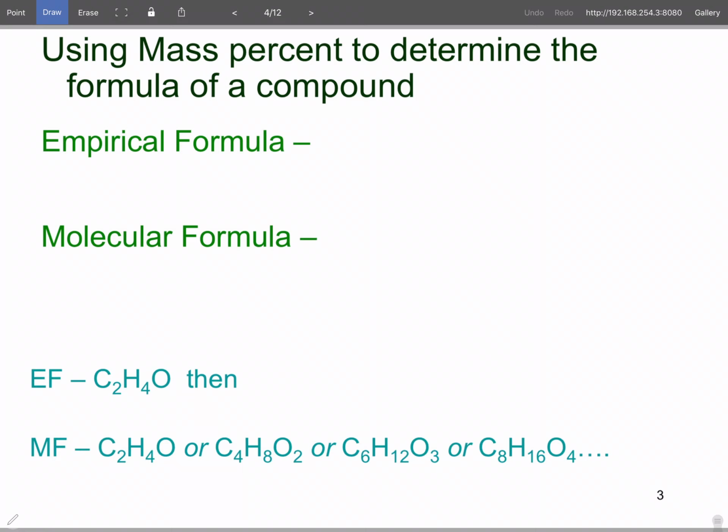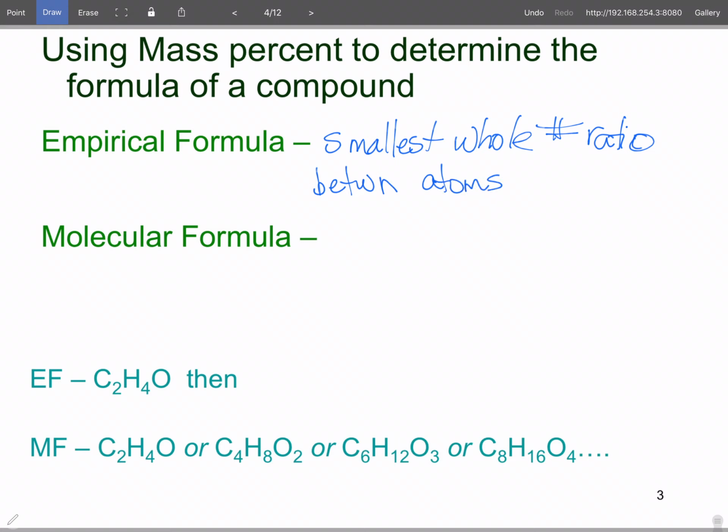Now, that brings us to what we are talking about in terms of empirical formulas and molecular formulas. Remember, an empirical formula is the smallest whole number ratio between atoms in a compound.